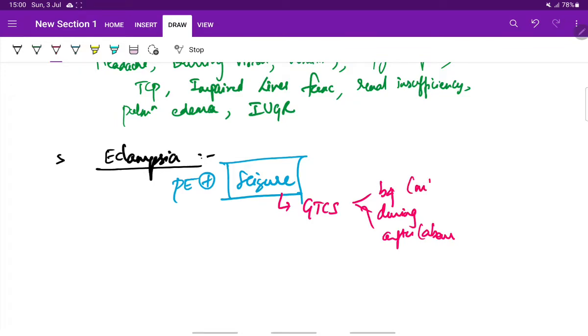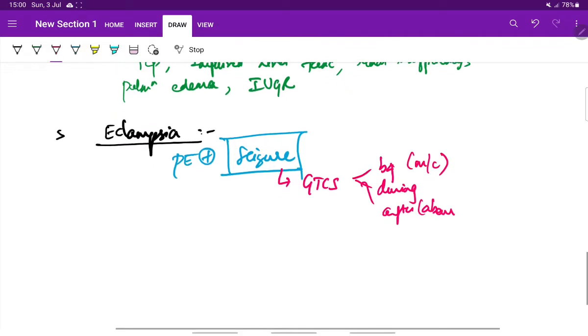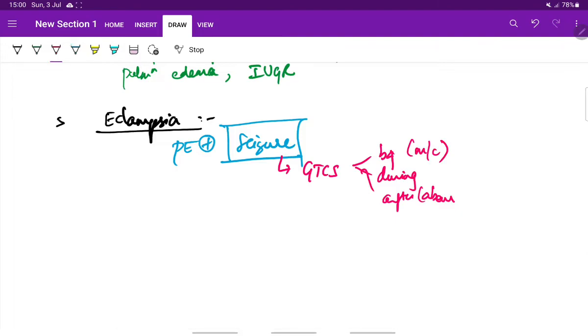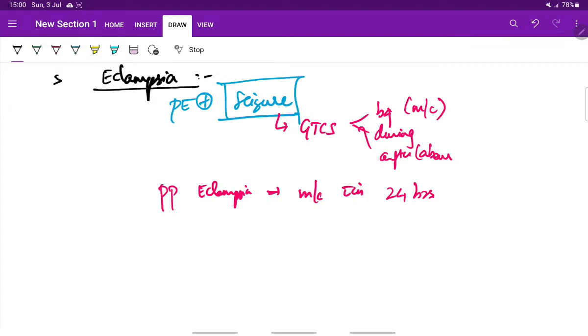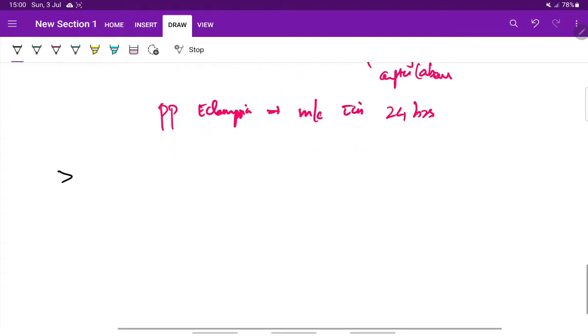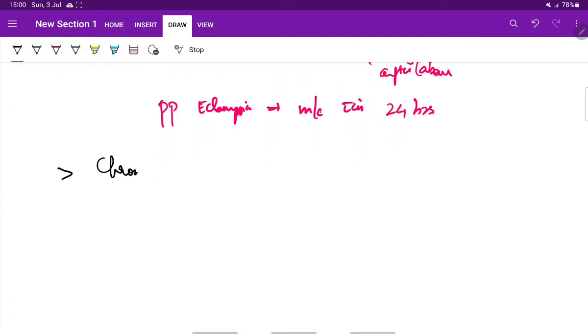Before labor being the most common presentation. Postpartum eclampsia occurs more commonly within 24 hours of delivery.